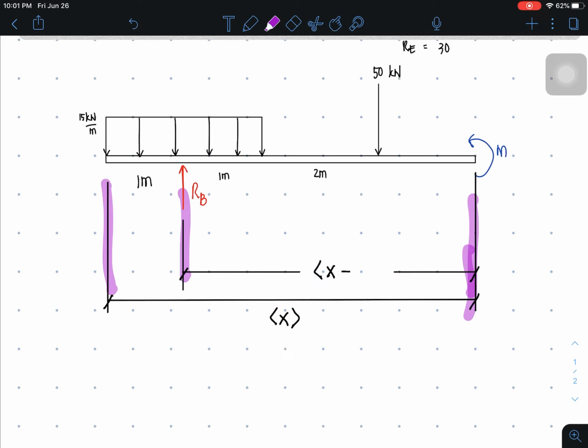Diba? So it's going to be x minus 1. Kana. And also this. From here. Padung dira.